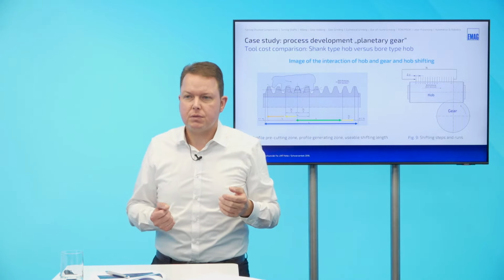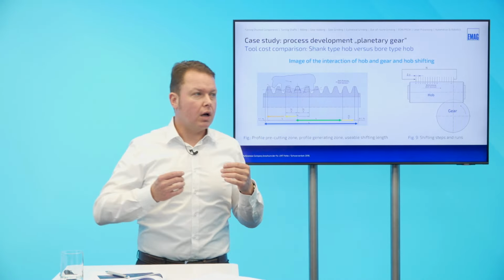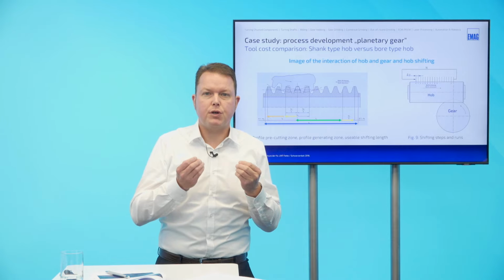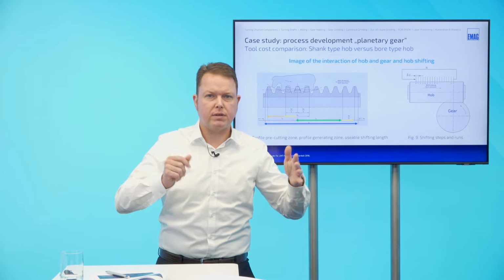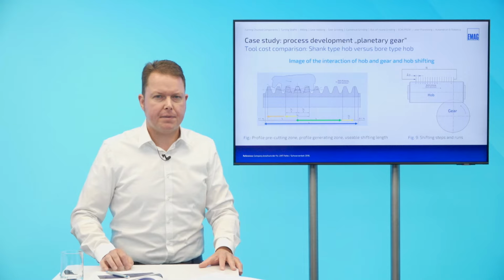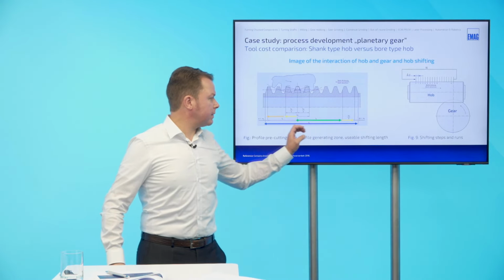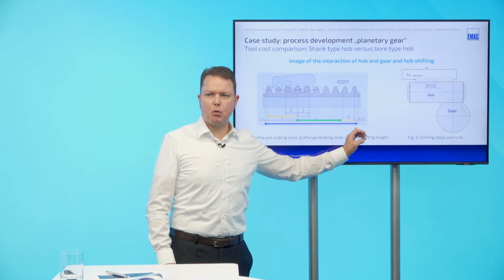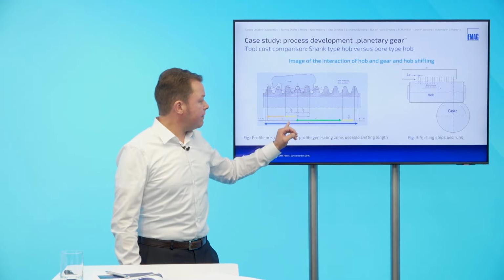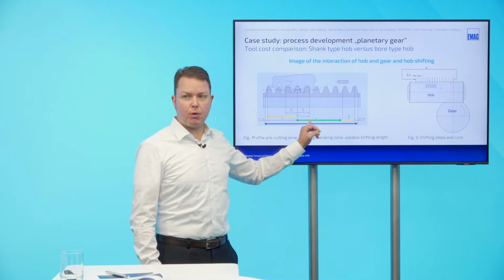And why do we do this? Well, simply in order to distribute the tool wear as uniformly as possible over the usable hob length. Here we see the usable hob length of a hob by means of this blue arrow, and effectively usable is only the green portion of it.